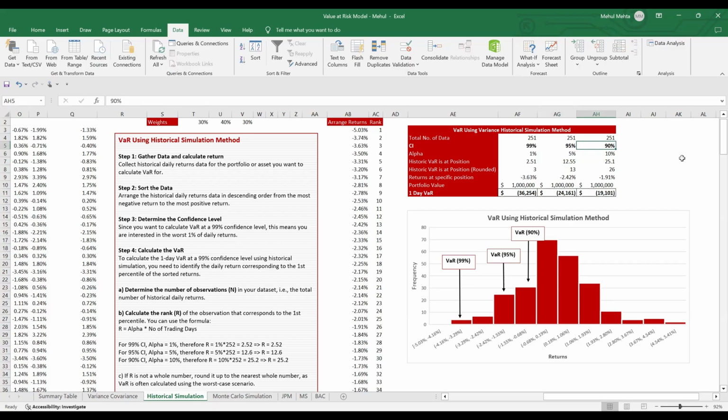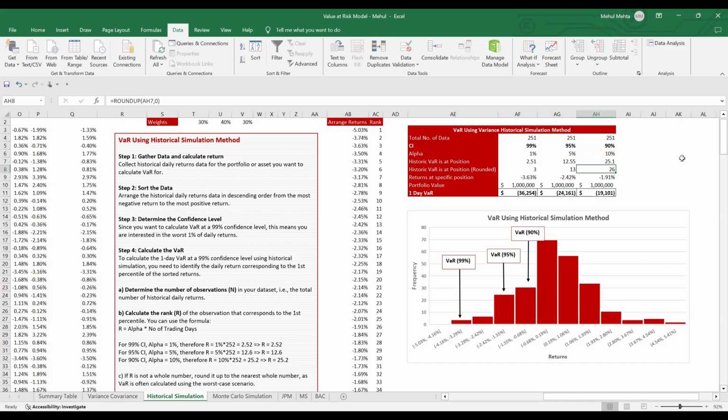And the same goes for 90%. If we are considering 90% certainty, your uncertainty will be 10%. And as I said, certainty and uncertainty should add up to 100%. Once you take the uncertainty, you multiply your total number of data points with it, and then you round it up.